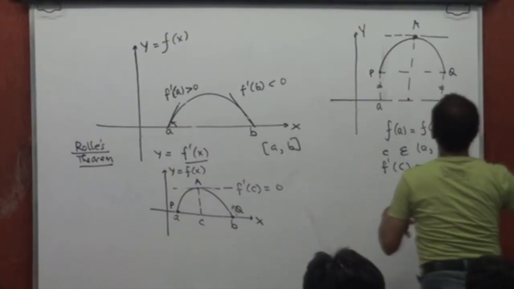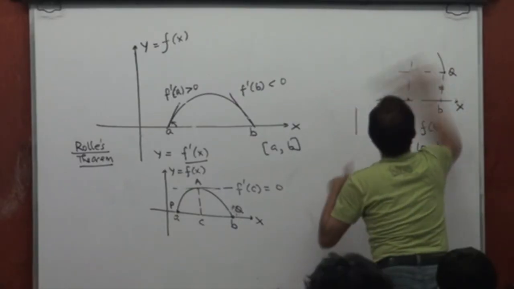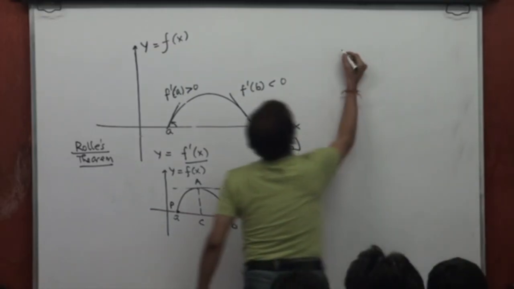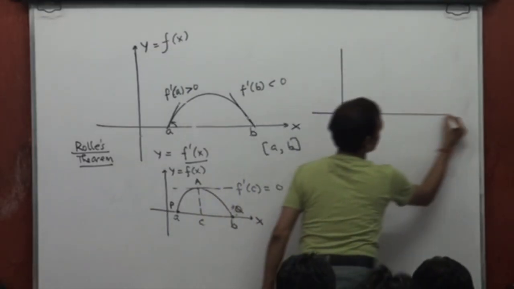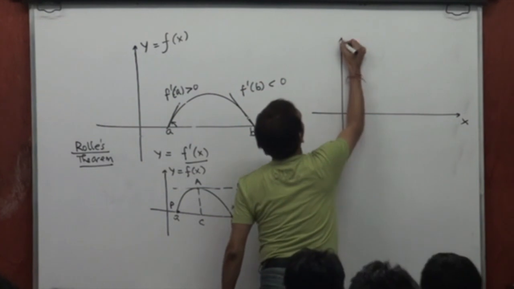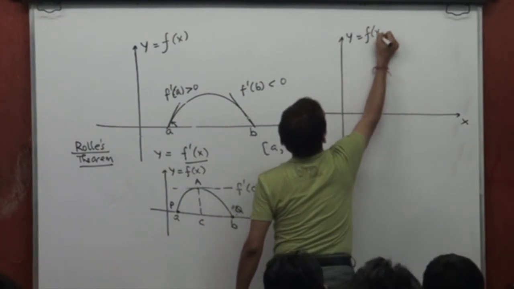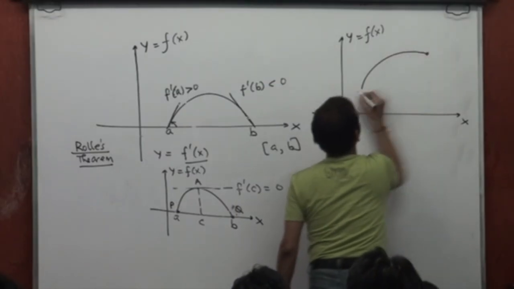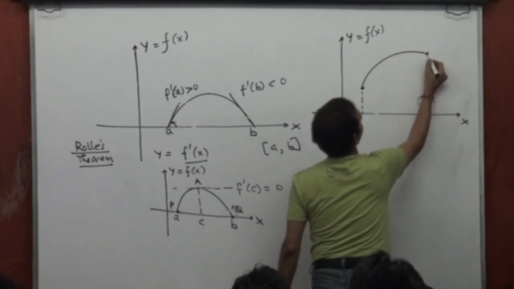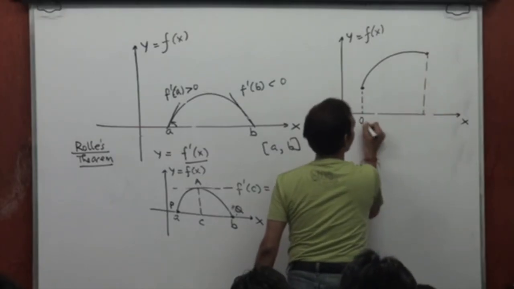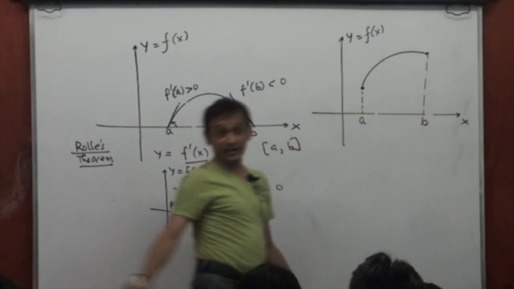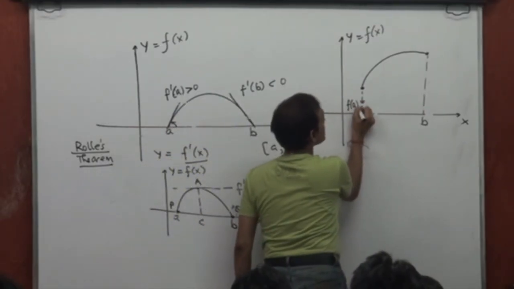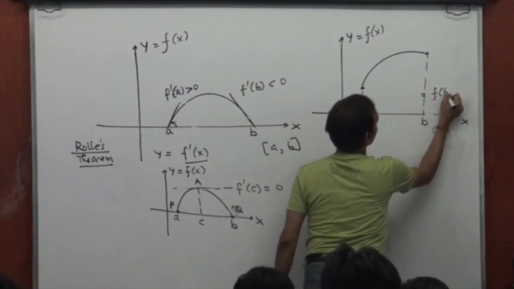Now, say this was the curve. In this case, FA and FB are not even equal. This is FA, this is FB.